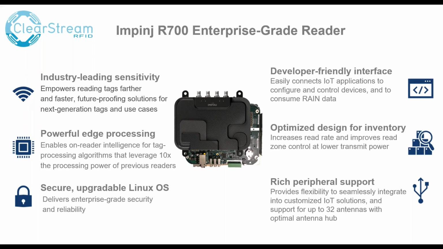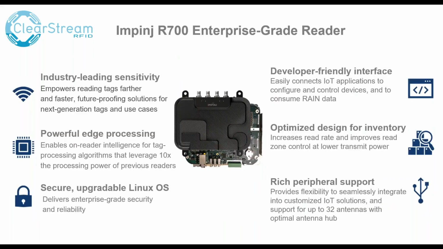All the applications can be run straight onboard the reader with that higher processor, which is a dual core 1 GHz processor. And then it's quite secure and upgradable as well, obviously with the firmware releases offered by Impinj. A developer-friendly interface because of the offer of the IoT device interface, and I'll show you a brief glimpse into what the software looks like in the next slide.